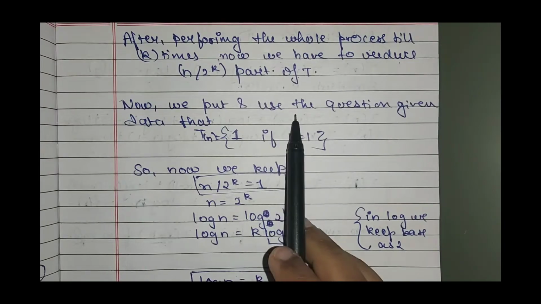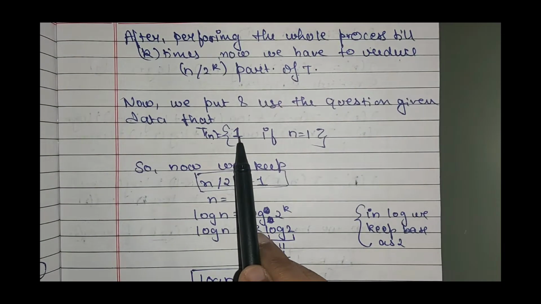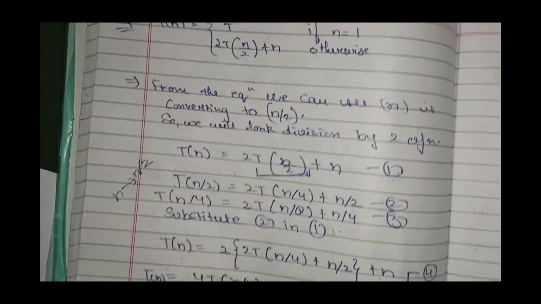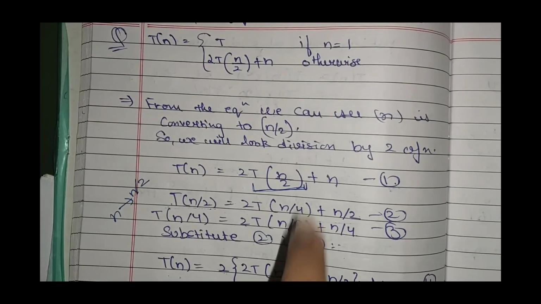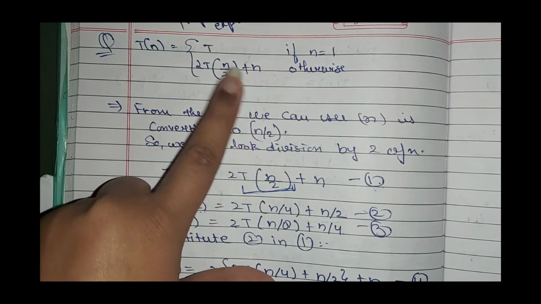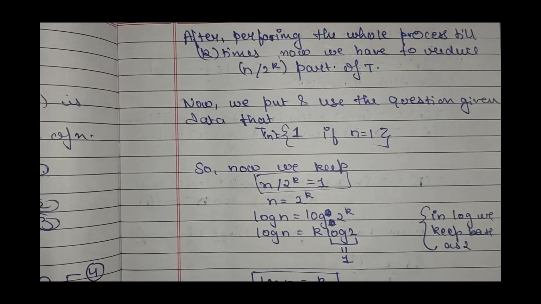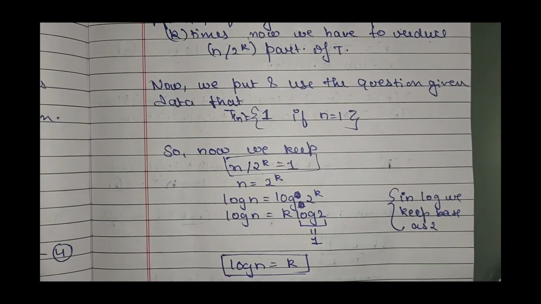So now we use the given data that T(1) is equal to 1. In the question we are given the value of T when n is equal to 1. We'll use this condition to further process our answer.